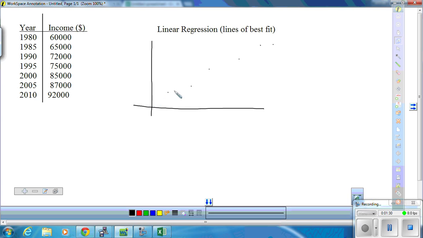However, it is going in this general direction. It's not perfectly straight, but we could call this a linear relationship. These points are all over the place, but for the most part, they are hugging that line or following that line. Some are above, some are below, some are on it, but the data in general is moving in that way.